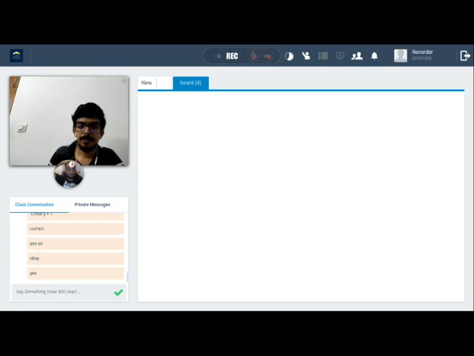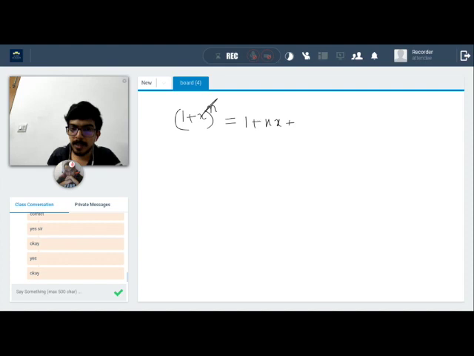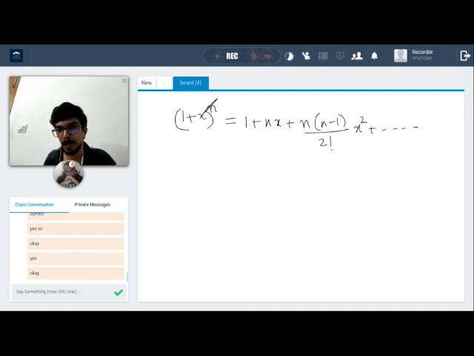binomial theorem. So 1 plus x raised to n is given as 1 plus nx plus n into n minus 1 by 2 factorial x square, and so on. This is not the regular binomial theorem.